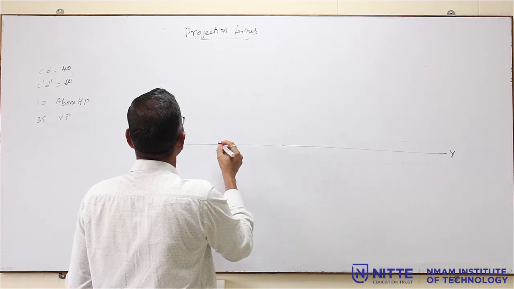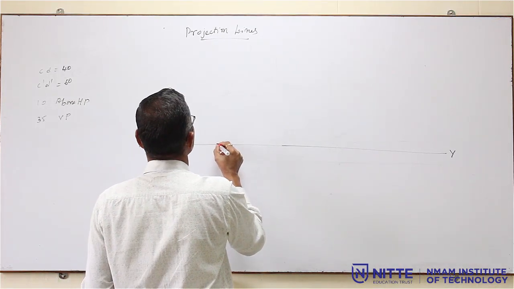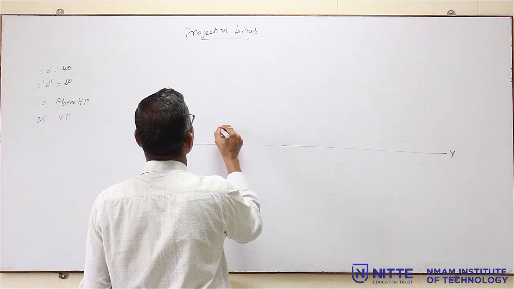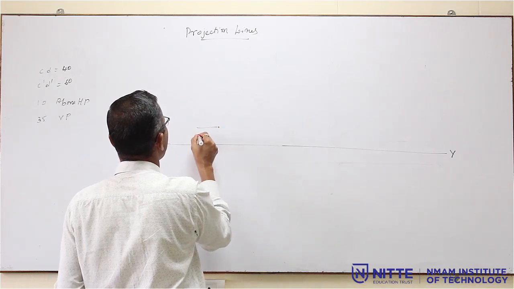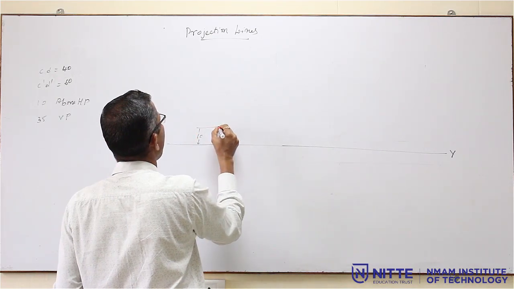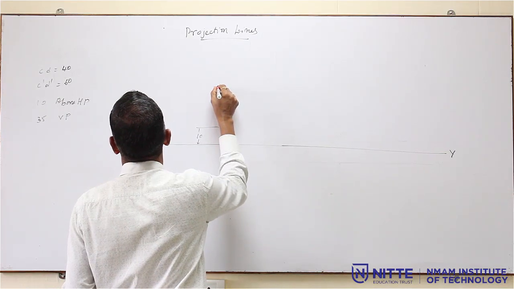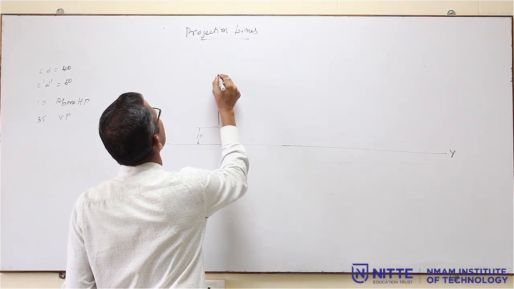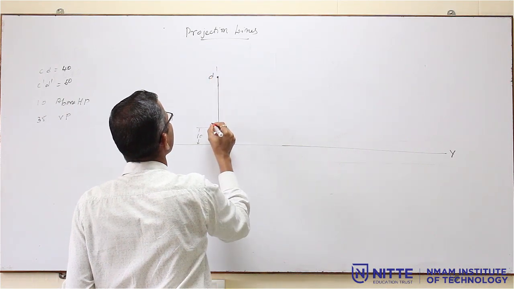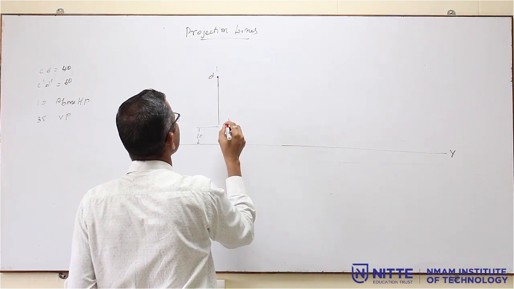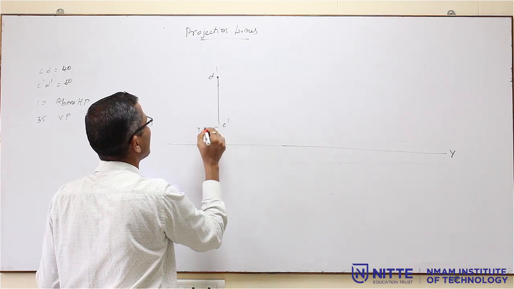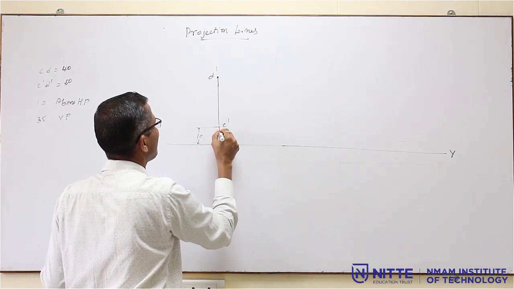Now, to start with, one end is 10 mm above HP. So, from here I will mark a point at a distance of 10 mm and draw a line. This is the front view, length equal to 60 mm, and I will call this C dash and D dash. Then I will project it down.